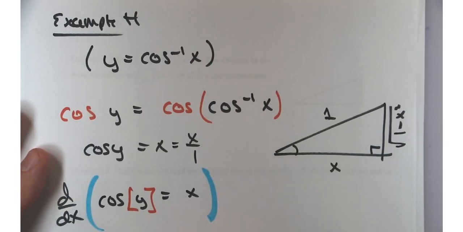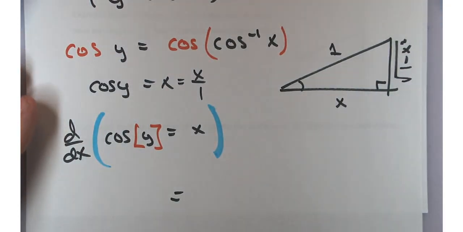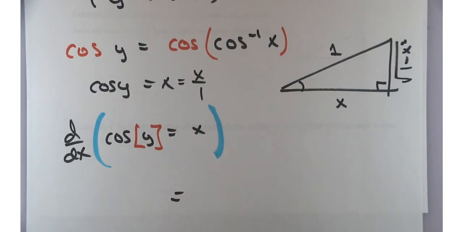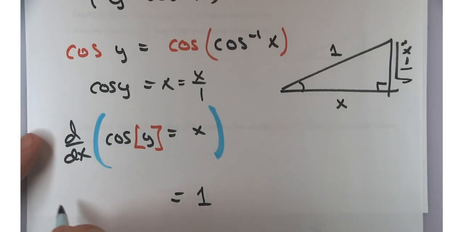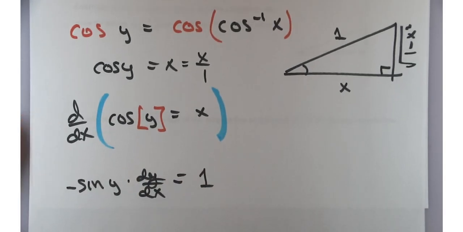Let's start with the right-hand side. The right-hand side looks pretty nice and easy. What's the derivative on the right-hand side? 1, yay. How about the derivative on the left-hand side? Yeah, nice. Negative sine of y times dy by dx. Okay, great.